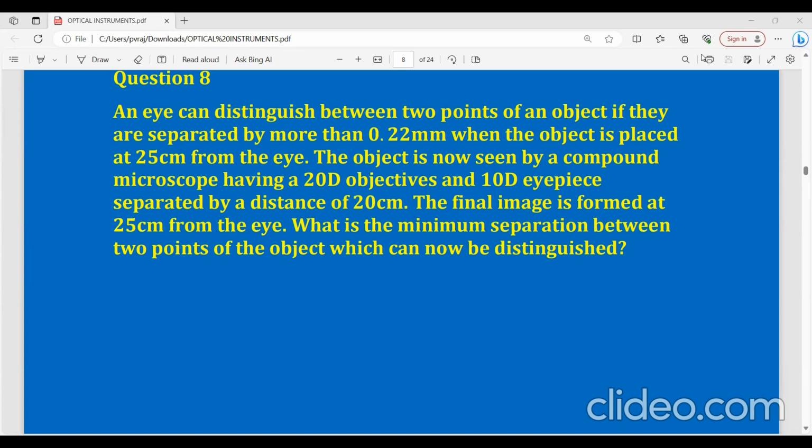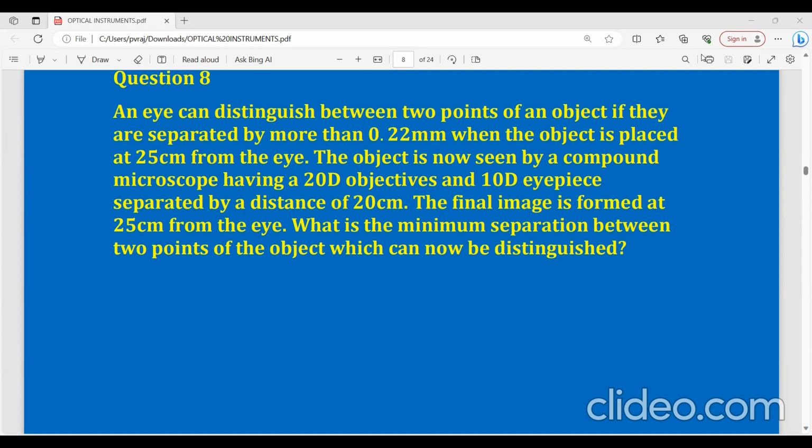Next point. The object is now seen by a compound microscope. Initially, no instrument is used. Directly with our eye, we have seen that. What is the minimum distance to see them separately? 0.22 millimeters.